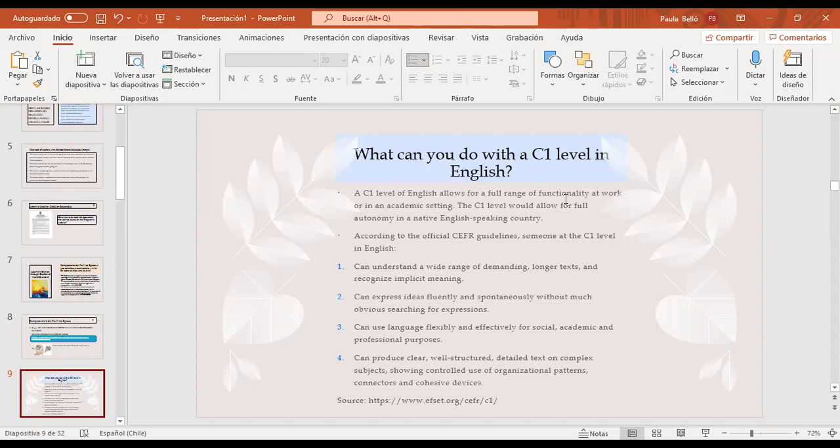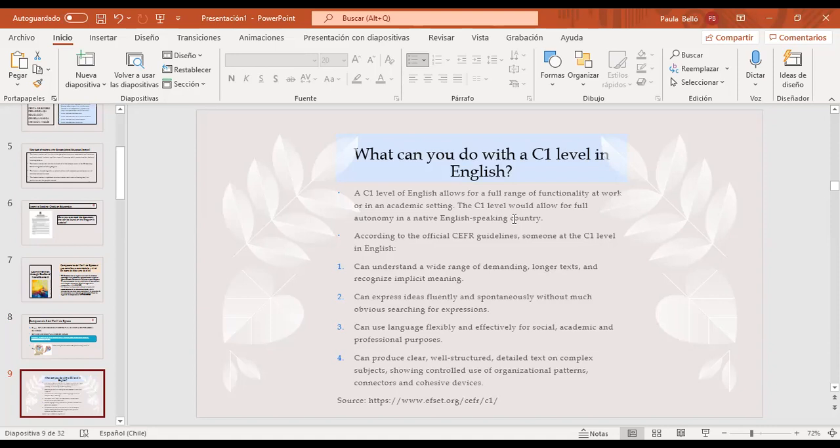You can do whatever future work or future studies, for example, by having achieved this proficiency level. So the C1 level would allow for full autonomy in a native English speaking country. So if you want to travel, that's also welcome.